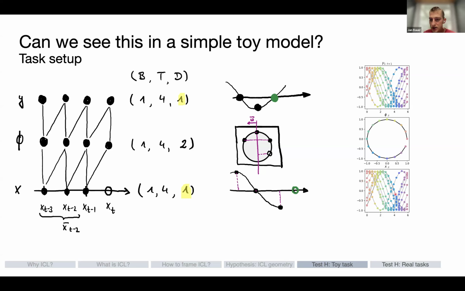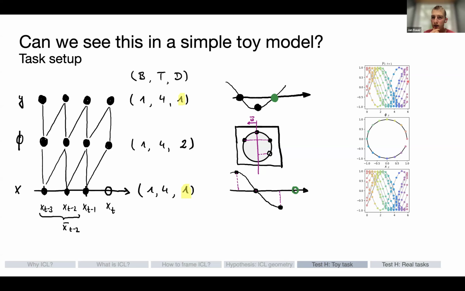And to this end, we construct these sine waves and then trained the architecture to forecast the next token. So this is a set of input sequences which we train on, and this was the set of labels that we trained on.